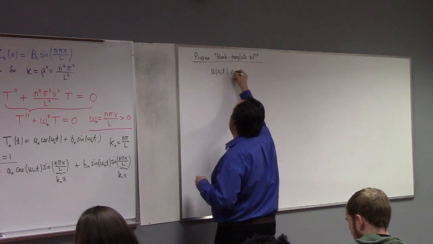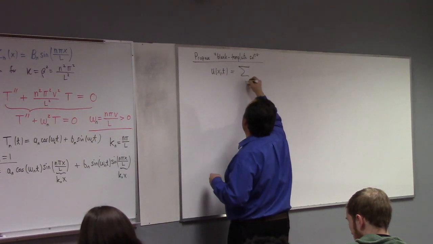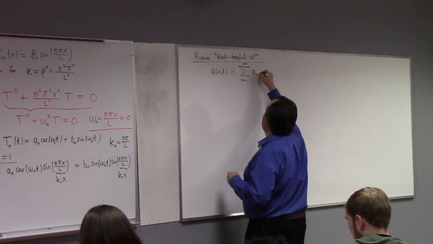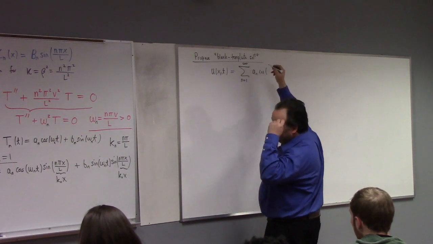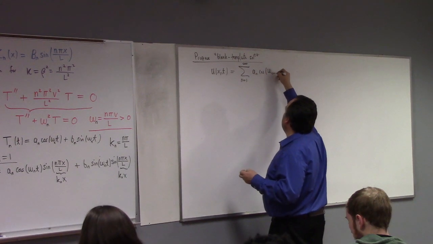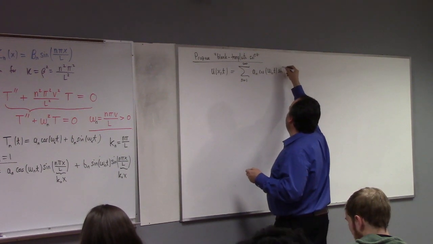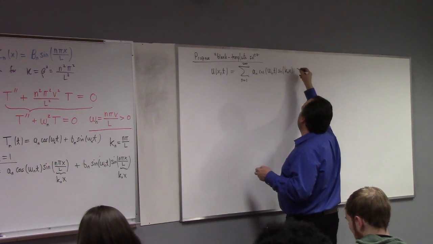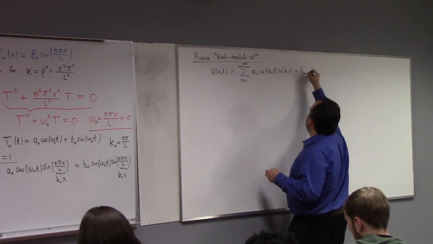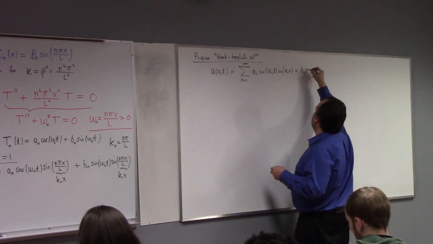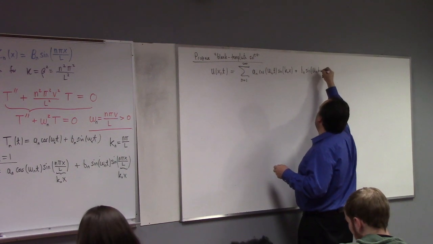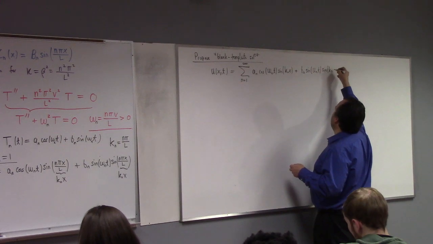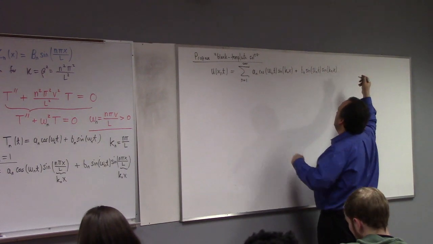So we've got u of x,t equal to the sum n equals 1 to infinity of a sub n cosine of omega sub n t sine of k n x, plus b sub n times the sine of omega n t times the sine of k n x. And of course, you could write just one sine and factor it out if you wanted.